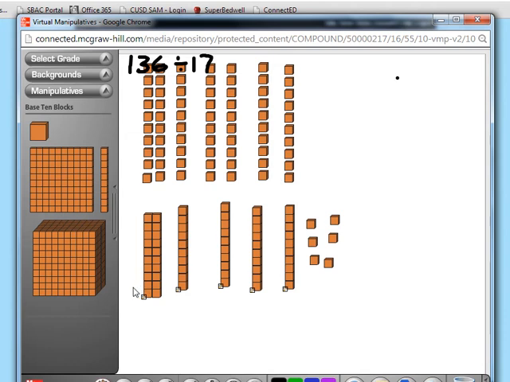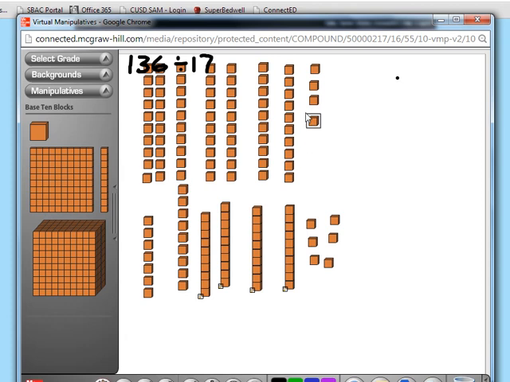So there's 10s. Break those up. I need 3 of these gone in order to have actually 17. So I'll put 3 of them up there. And I'm going to do the same thing for each of these. Every time I break them up, I'm going to move 3.